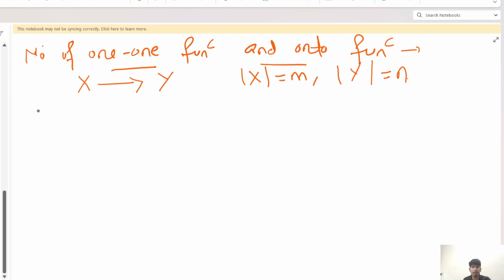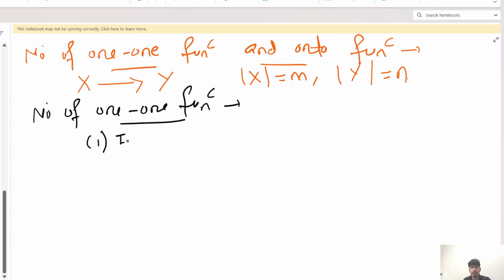Then the number of one-one functions from x to y: first case, if m is greater than n, then the number of one-one functions is 0.